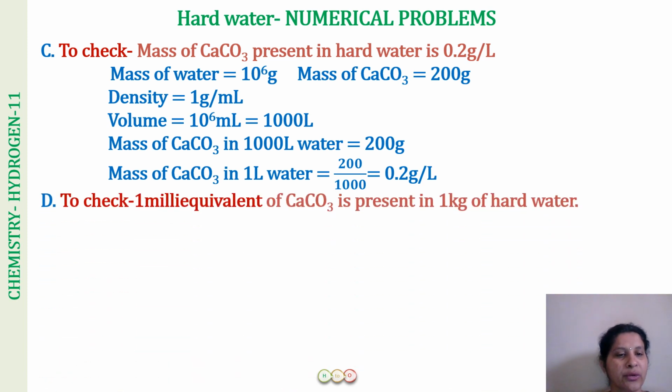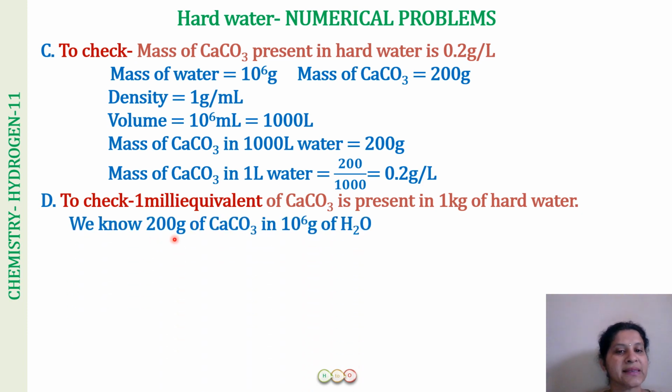Now the fourth choice is that we have to find out whether 1 milli equivalent of calcium carbonate is present in 1 kg of hard water. So here you have to have an understanding of the equivalent concept that we've already revised. So let us proceed now. We know that the mass of calcium carbonate is 200 grams in 10 power 6 gram of water, which is what 200 ppm means. Now from this mass of calcium carbonate, can we find out the number of moles of calcium carbonate?